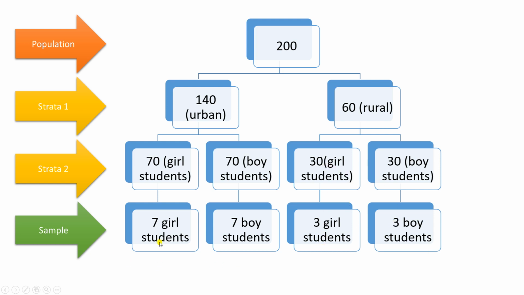You will see I have 7 plus 7 plus 3 plus 3, that is 20 students as my sample. Also, I have 14 students from urban and 6 from rural, so the 70% and 30% urban-rural differentiation is maintained, and 10 girl students and 10 boy students, so the 50-50 gender ratio is also maintained.